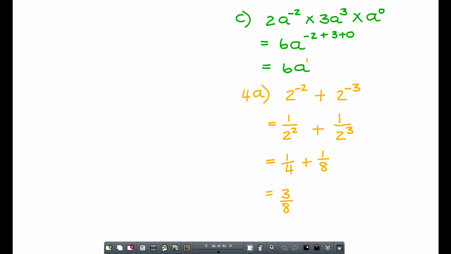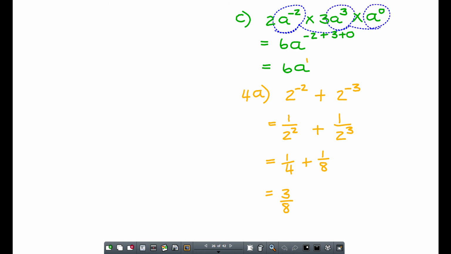Right. Number 2a. 2c. 3c, sorry. Okay, over here, we are multiplying. But there were coefficients as well. So what I did is I first multiplied these coefficients. 2 times 3 gave me 6. Then, look at all the a's. I've got a to the power of minus 2, a to the power of 3, and a to the power of 0.